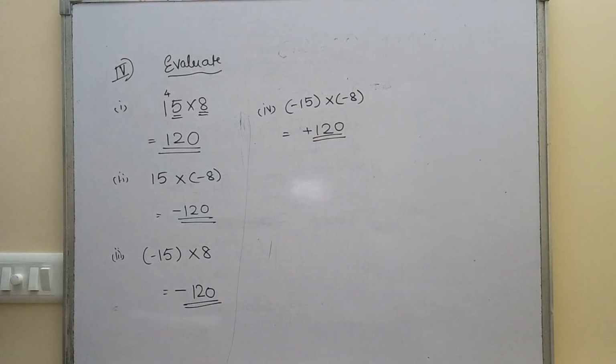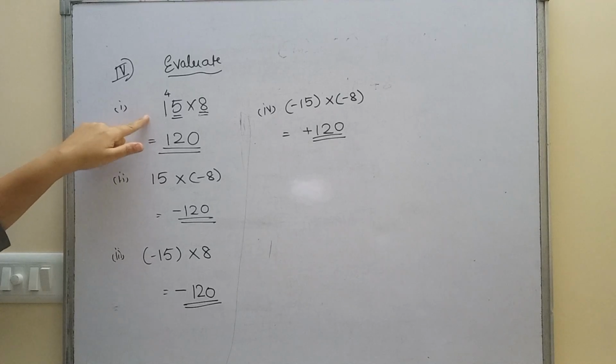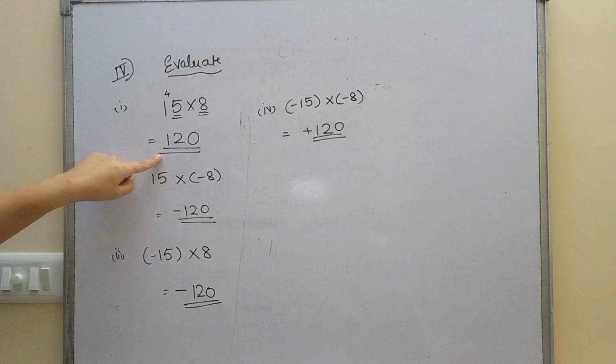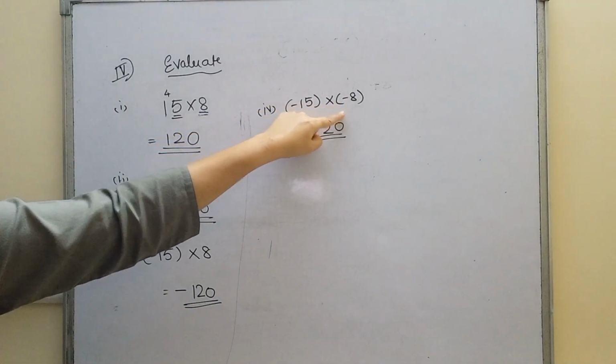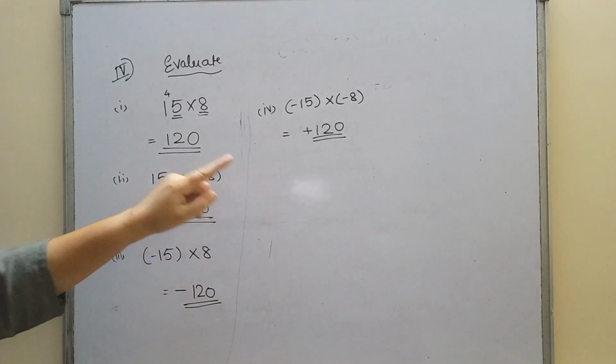Don't you think, children, this is easy? I'll make you revise this once again. See, if both are plus, if no sign is given here, it means it is plus. If both are plus, your product will come in plus. If both are minus, still your product will come in plus. Two same signs means plus.